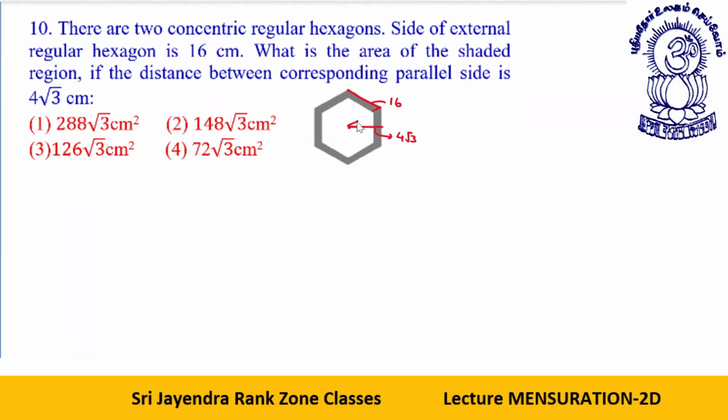This portion is 16, why? Side is equal to this. This is 16. So therefore, only this portion is 4 root 3. This will be 8, this will be 8, because this is the midpoint of the regular hexagon. So this angle will be how much? This angle will be 30 degrees.